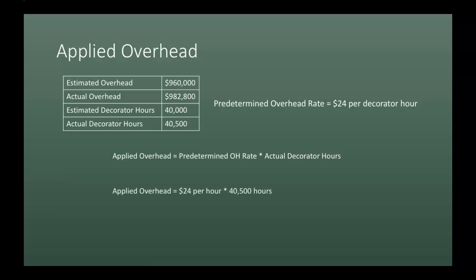Our predetermined overhead rate of 24 an hour and our actual hours of 40,500. So our applied overhead is $972,000. So you'll notice your applied overhead does not equal your actual overhead. And that's okay. That's what part C is dealing with here.